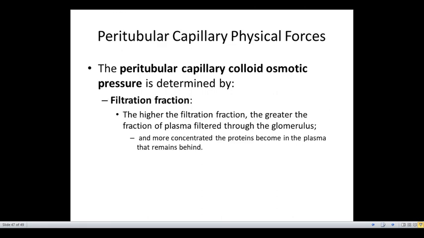The other factor which influences the peritubular capillary colloid osmotic pressure is the filtration fraction. The higher the filtration fraction, the greater the fraction of plasma filtered through the glomerulus, and the more concentrated the proteins become in the plasma that remains behind.